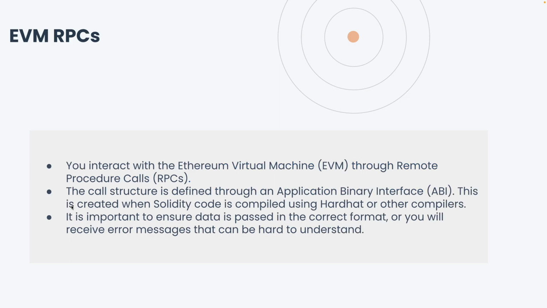So a little bit about EVM remote procedure calls. Whenever you're making a call to your smart contract, it is through a remote procedure call. The call structure is defined through your application binary interface, which I just described as being created by your Solidity code when it is compiled using Hardhat. It is important to ensure data is passed in the correct format, or you will receive errors that can be hard to understand.